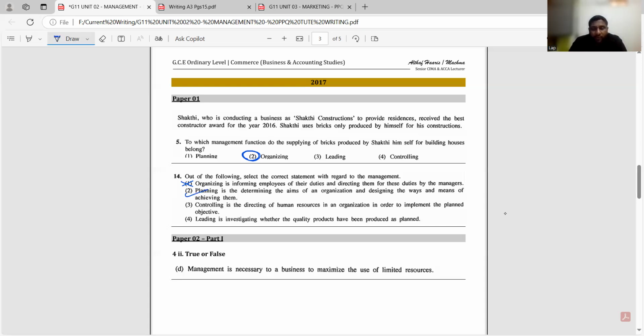Controlling is directing of human resources in the organization. No, this is also wrong. That is coming under leading. Leading is investigating whether quality has been produced or not. That is control. So the correct answer is the second one.